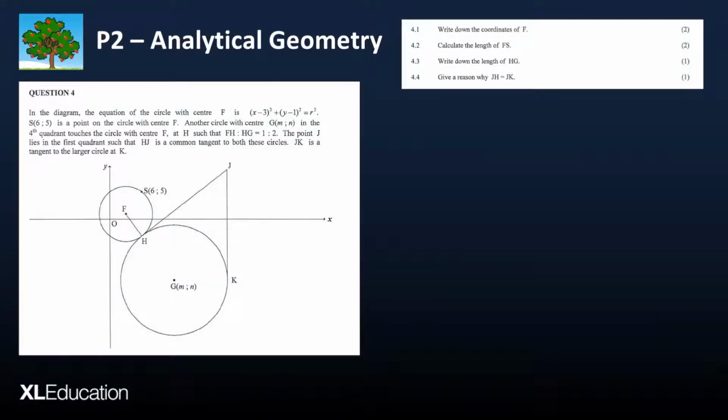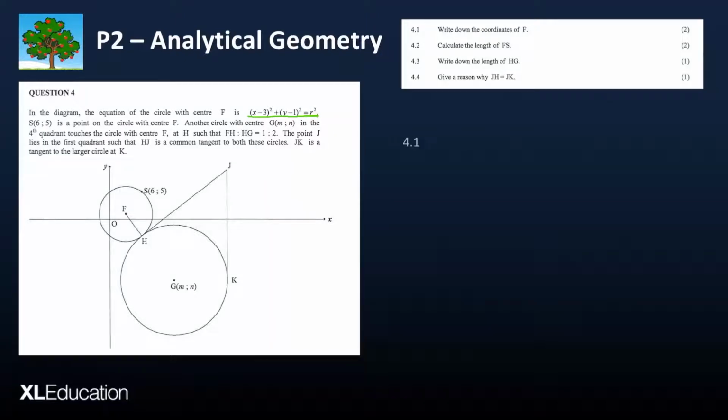If you look at question 4.1, it's saying write down the coordinates of F, and F we know is the center of the small circle, and the center of the small circle we will get using this equation, because this is the equation of the circle.